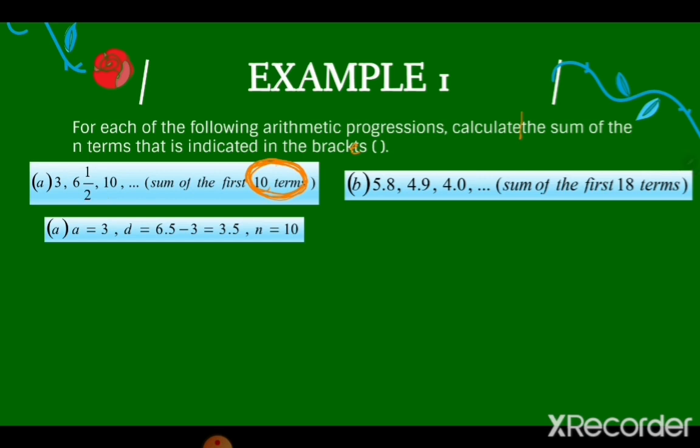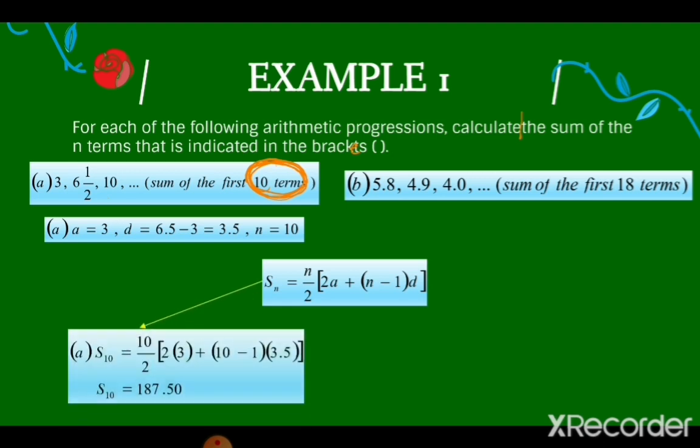Since we are talking about the sum of the 10 terms, we are talking about the sum of the first 10 terms in that arithmetic progression. So we need to use this formula: Sn equals n over 2 times (2a plus (n minus 1) d). By using the formula, you substitute all the information given.